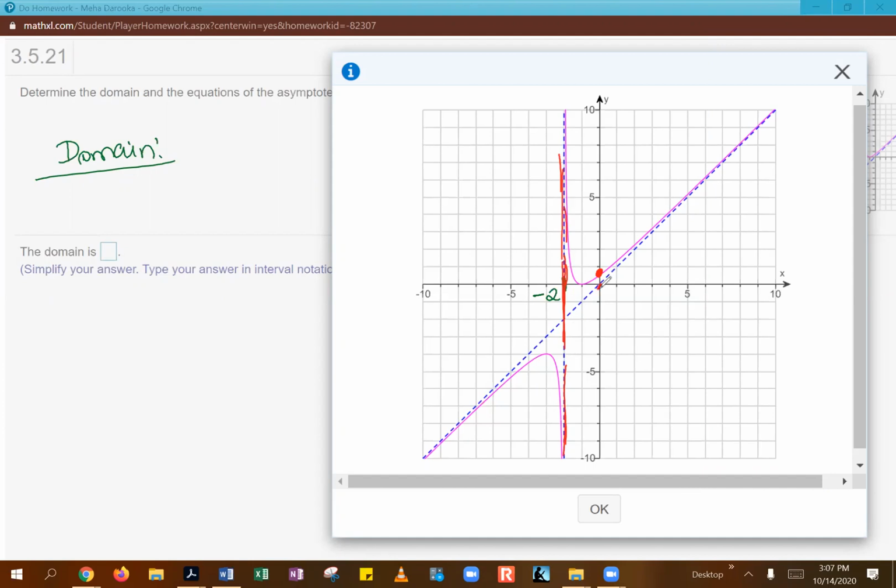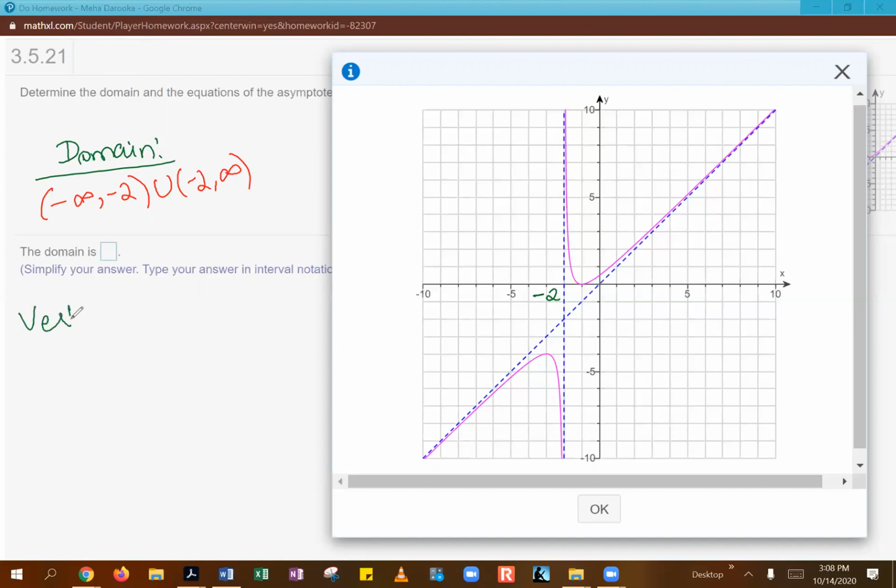But for x equals 0, we definitely have this point over here. So that's why 0 is not going to be excluded from our domain. So just going from -infinity to -2, union -2 to infinity. Alrighty, very good.